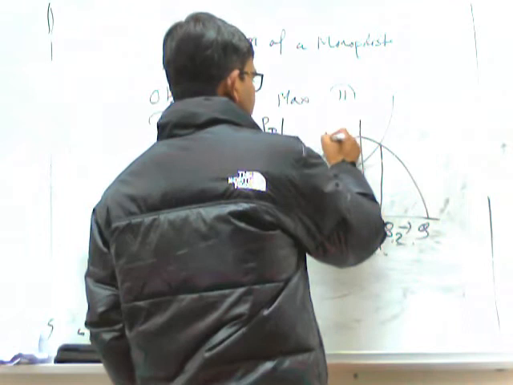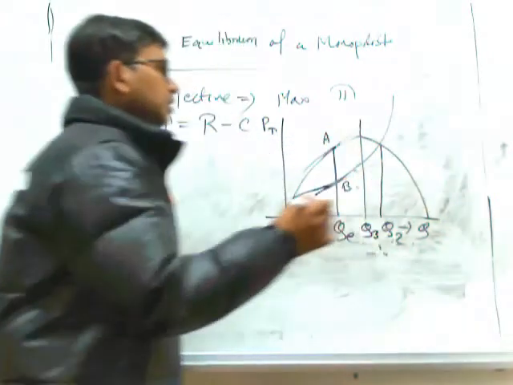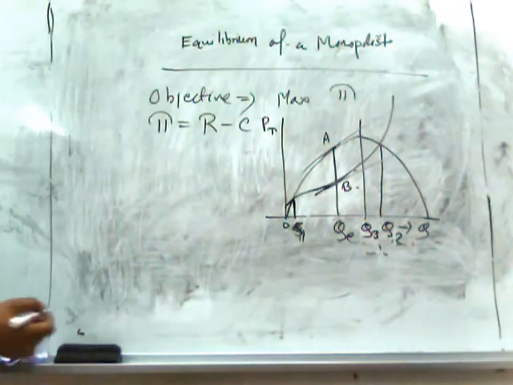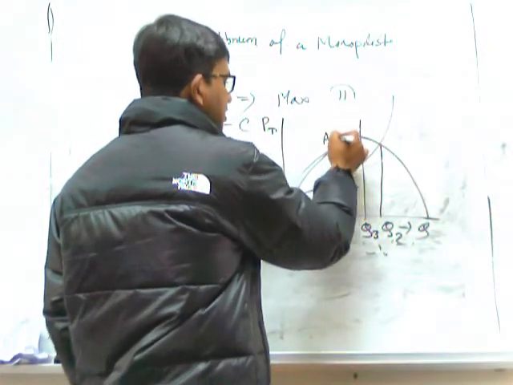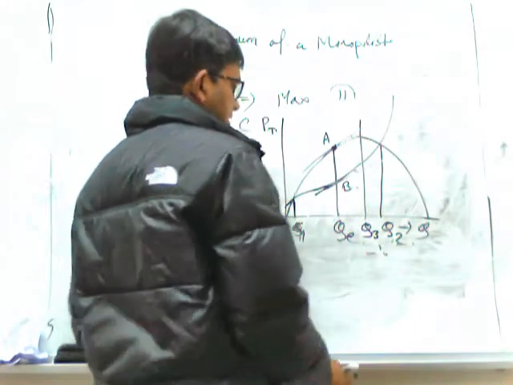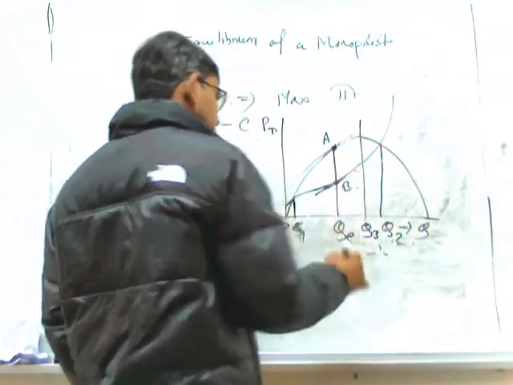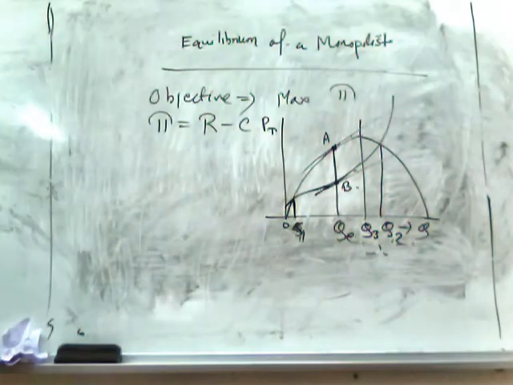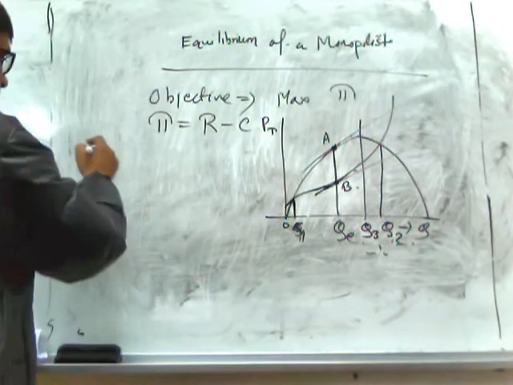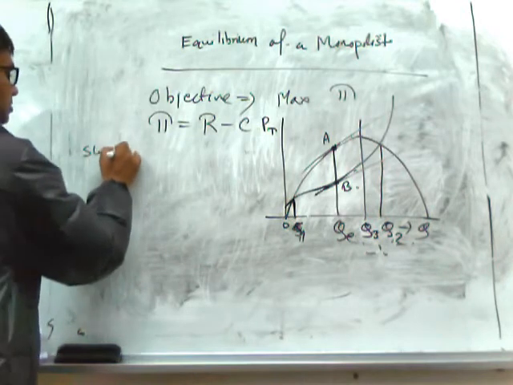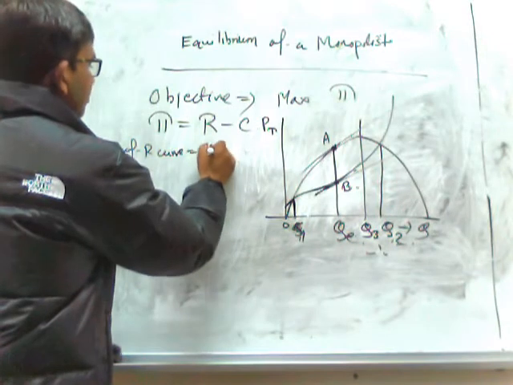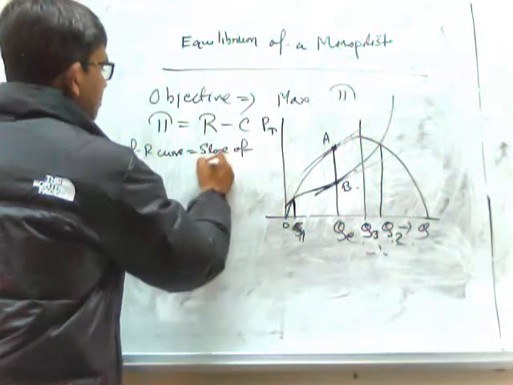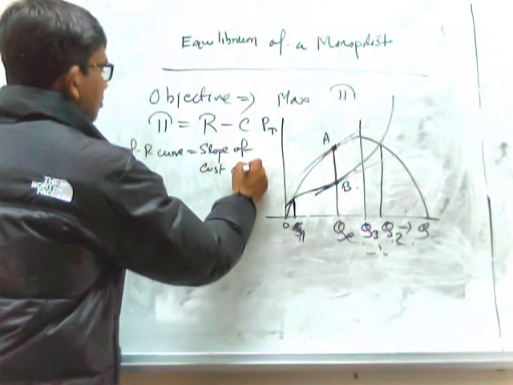If we give it point A and point B, at point A, the slope of the total revenue curve will be represented by the slope of this straight line, the tangent. And similarly at point B, the slope of the total cost curve will be represented by the slope of this tangent. So from the equilibrium condition, we can write that the slope of the revenue curve is exactly equal to the slope of the cost curve.